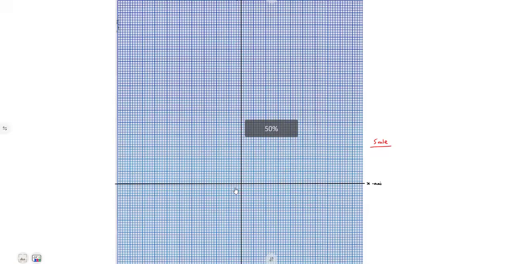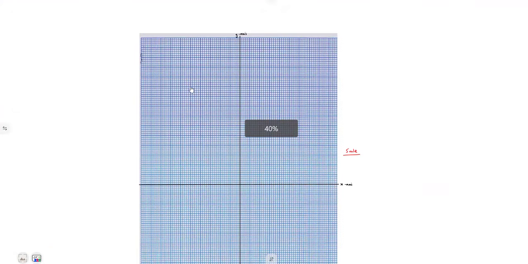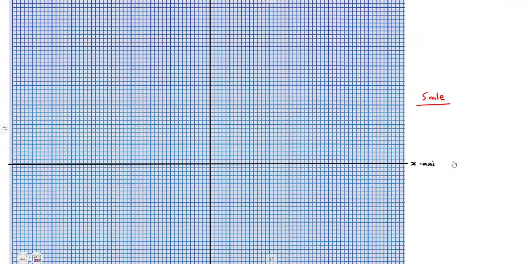This whole part that we are seeing, the x-axis and the y-axis as presented here, is our Cartesian plane. On the Cartesian plane, you must consider a scale that you're going to use.